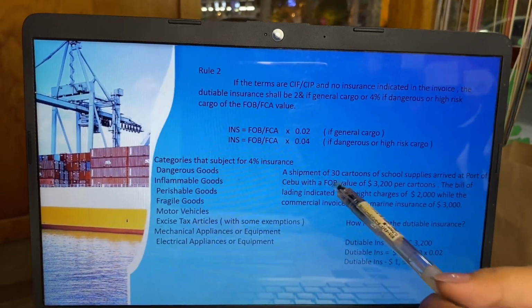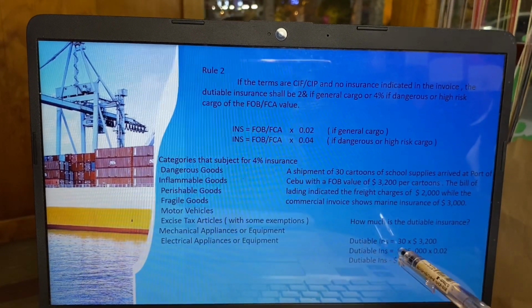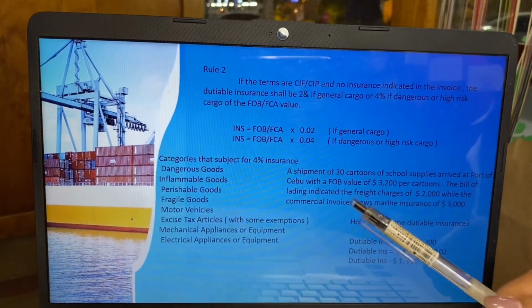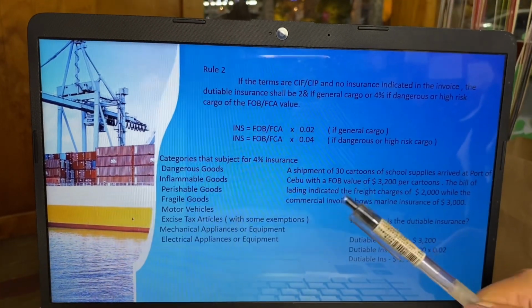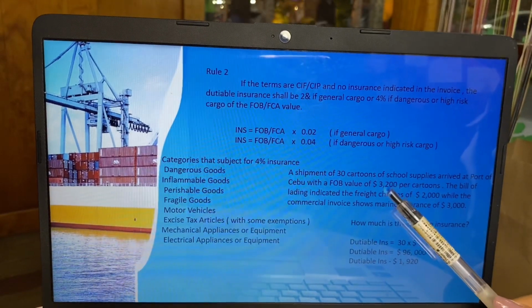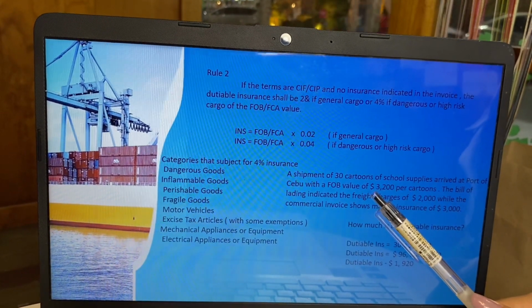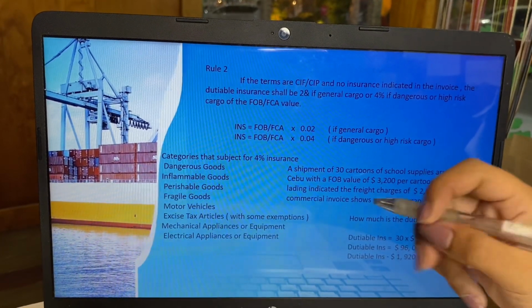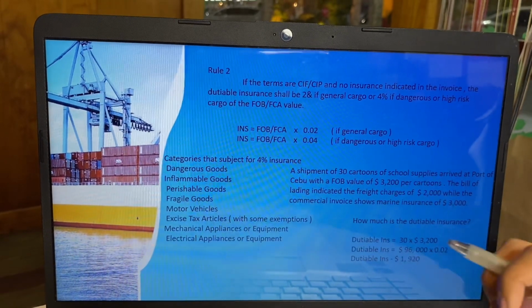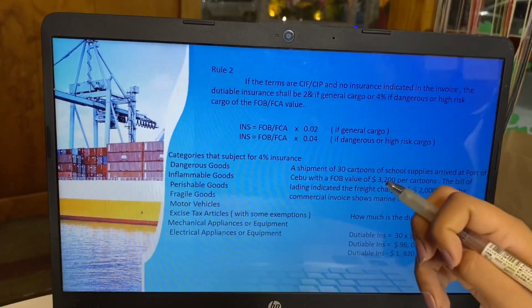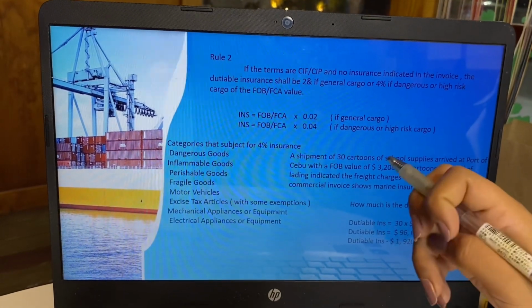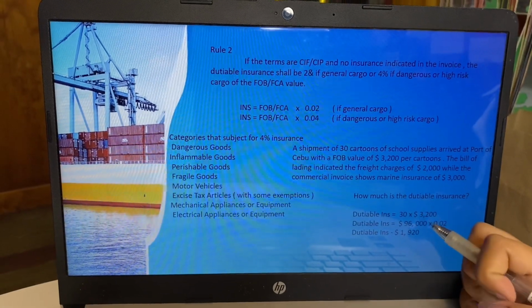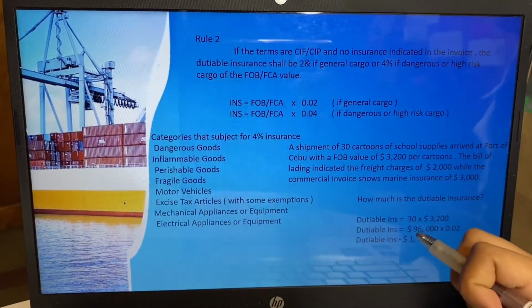So for the dutiable insurance, we need to get the FOB value first. The FOB value is $3,200 per carton, and we have 30 cartons, so it is not yet the total FOB. We multiply the 3,200 per carton by the total of 30 cartons, which gives $96,000.